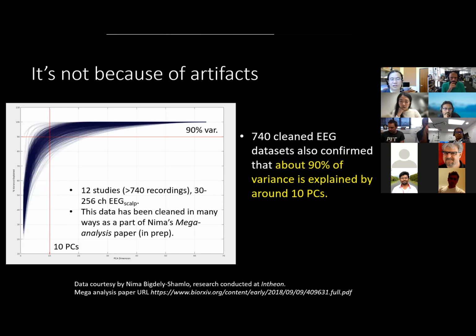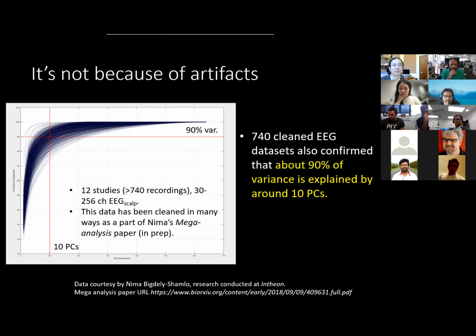So that's not anecdotal, but a good number of data sets. And he confirms that about 90% of the variance is explained by the first 10 principal components. So my initial estimate of 9 is not too far, because this group level analysis showed 10. And this is after cleaning. So this does not include huge eye blinks or anything like that.